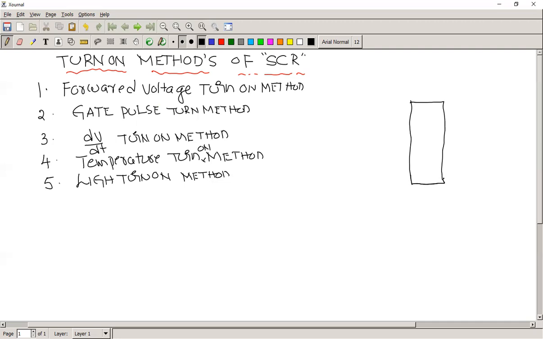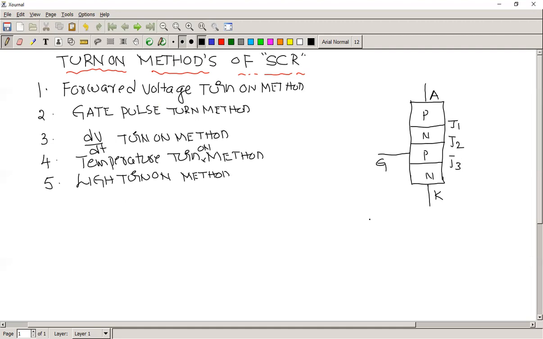SCR is nothing but a 4-layer PN device, with anode, cathode, and gate terminal. This is J1, J2, J3 junctions. This is anode, gate.